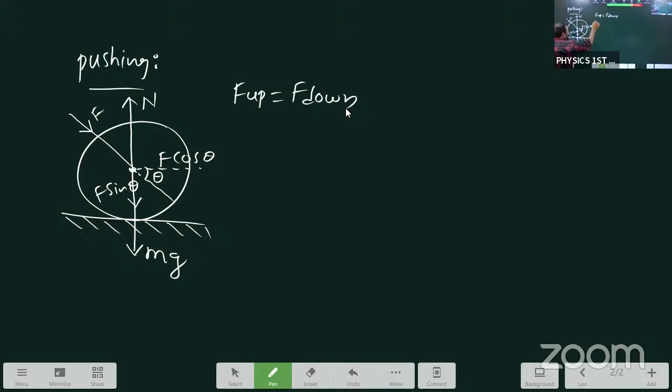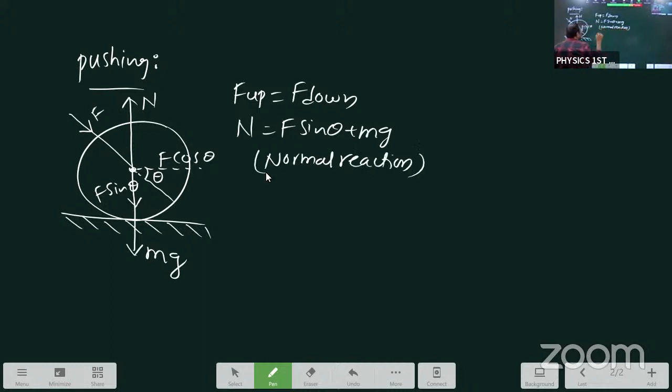Again, we are going on the same point, student. Upward force is nothing but N. Downward force is nothing but F sin theta plus mg. This is the normal reaction. In the previous case also we got the normal reaction.